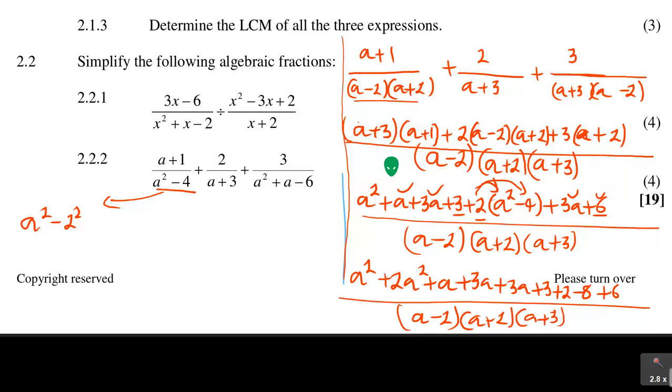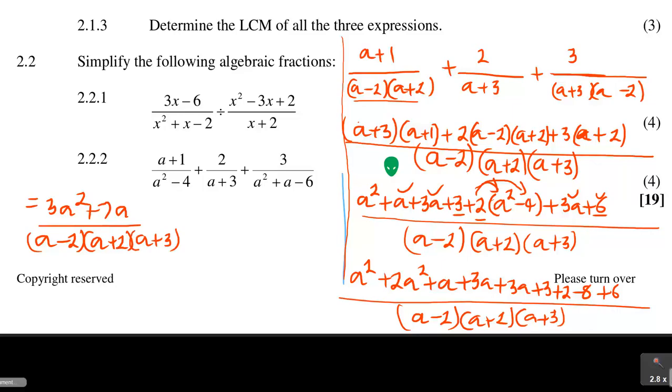So when you work, let's work it towards this direction. So this is equal to a plus 2a is 3a squared, and then a plus 3a plus 3a, a plus 3a is 4, 4 plus 3 is 7a, and then 2 minus 8 is minus 6 plus 6, it's 0, over a minus 2, a plus 2, and a plus 3.